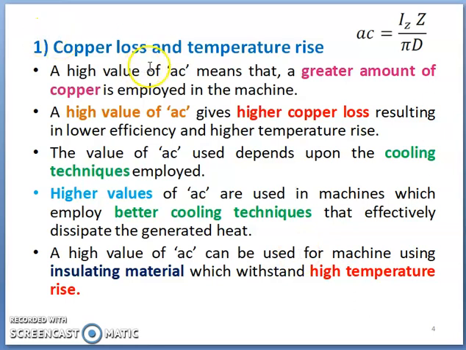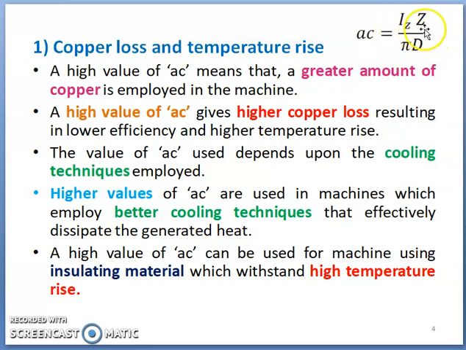Say if the designer chooses a higher value of AC, it means a greater amount of copper is employed in that machine, depending upon the output of the machine. A higher value of AC can be achieved by using more ampere conductors for a given size of machine.